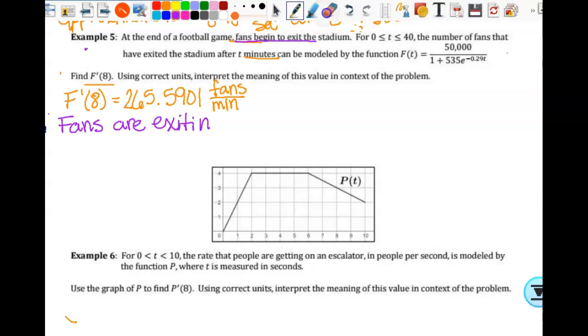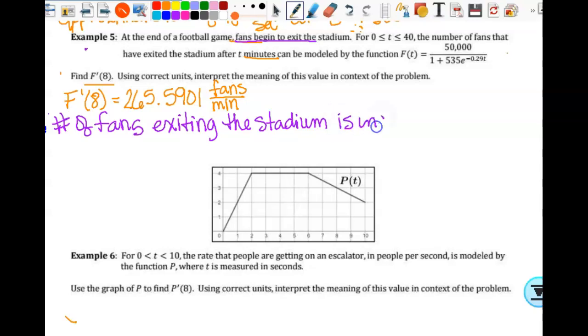I'm going to erase. You can just edit in there if you want. It can't just be fans. It has to be number of fans. That would make more sense. Number of fans exiting. What are we exiting? The stadium. Increasing or decreasing? Increasing. Number of fans exiting the stadium is increasing.